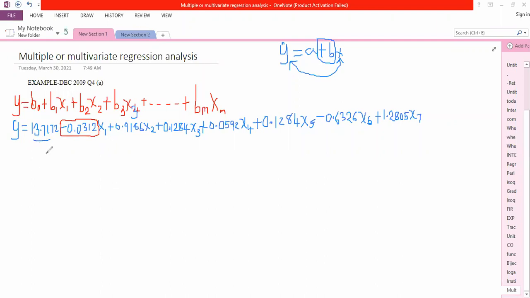X1, which is the age, and the job satisfaction, the y, are negatively related as a result of our coefficient here being negative. How about the coefficient of x2? X2 has a coefficient of 0.9186 and it is positive. So our comment is that there exists a positive relationship between x2, which is the monthly salary, and the job satisfaction.